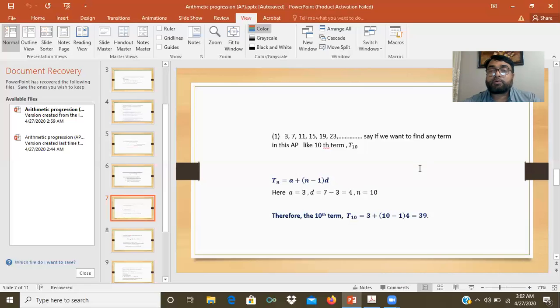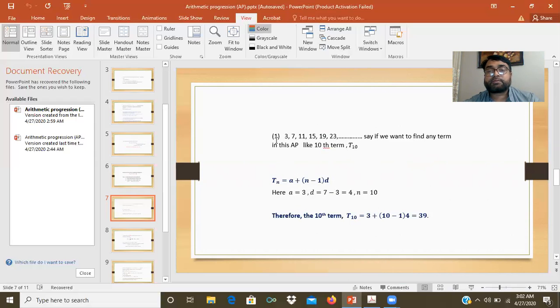In this example 1, you see the sequence is 3, 7, 11, 15, 19, 23, and so on. If I want to know a certain term, say the 10th term, by using the formula we just discussed, we can find it out. Tn equals a plus n minus 1 into d.